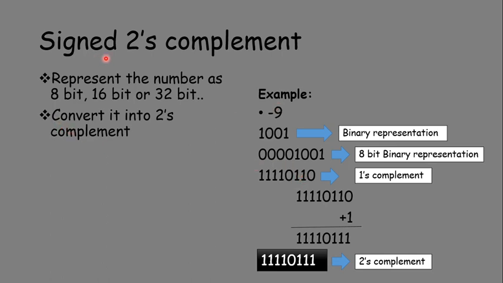But I want to convert it to two's complement form, so I will add +1 to it. 0 plus 1 will be 1, so my number will be 11110111. This is my two's complement representation of a negative binary number. So there are three ways of representing a negative binary number. Thank you.